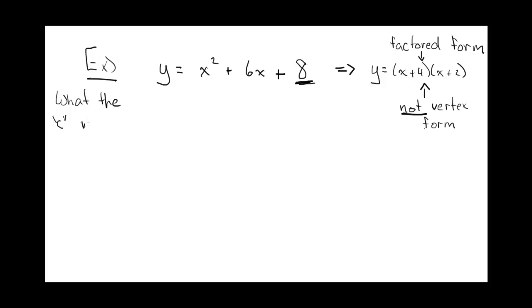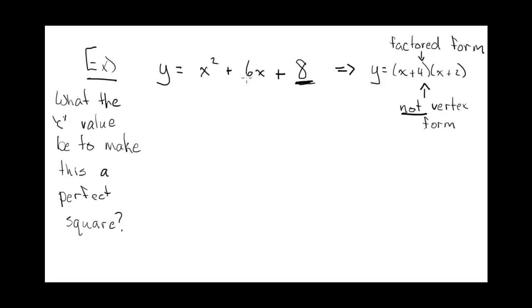What should the c value be to make this a perfect square? What number would go here to make this a perfect square?